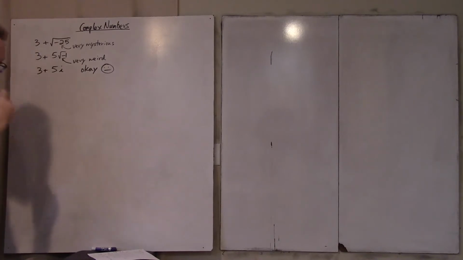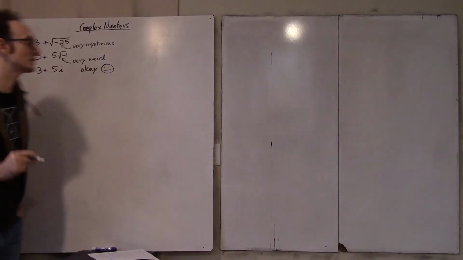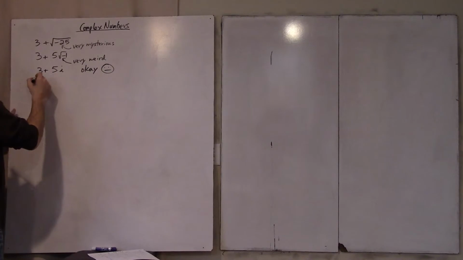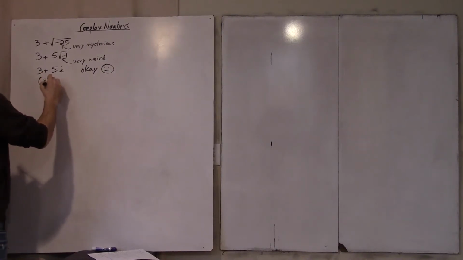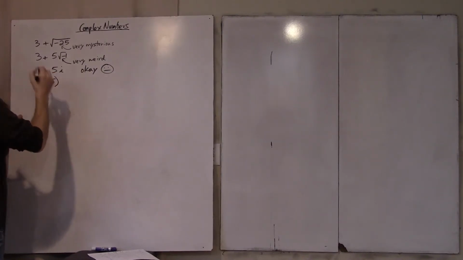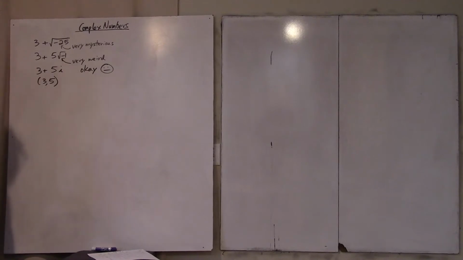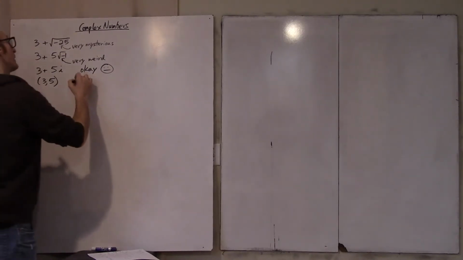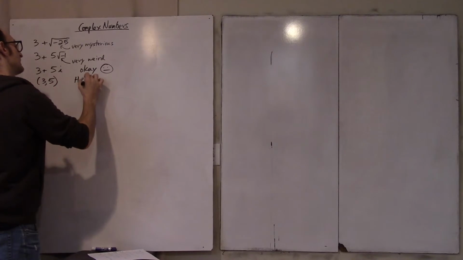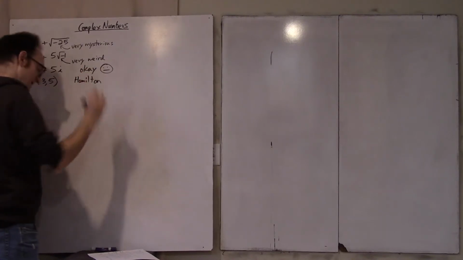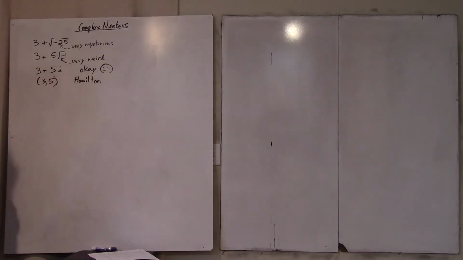Okay, so let's go one more level of abstraction, and let's think of this as an ordered pair. I'm not really qualified to be talking about this, and I haven't researched this part of the lecture too much, but somewhere in the 19th century, I believe this is finally the guy, William Rowan Hamilton, which we skipped talking about this year because we skipped talking about quaternions.